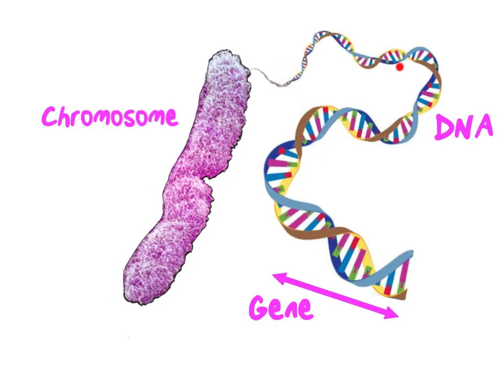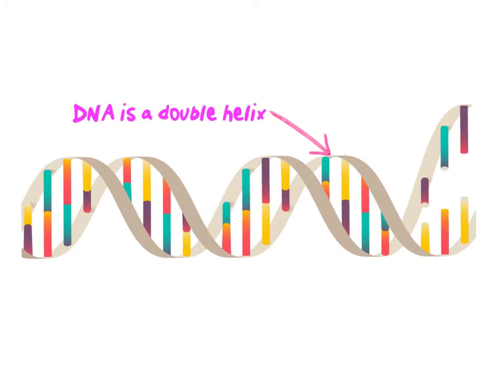Here we can see the strand of DNA coming out from the chromosome. One section of this DNA that codes for a particular feature or characteristic or protein we call a gene. We see that DNA is a double helix, which means there are two strands of DNA and they intertwine around each other in a helix form.